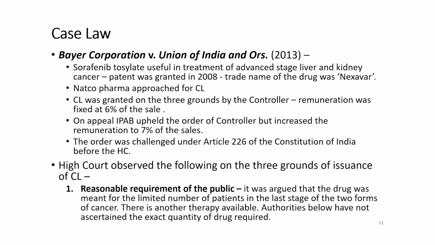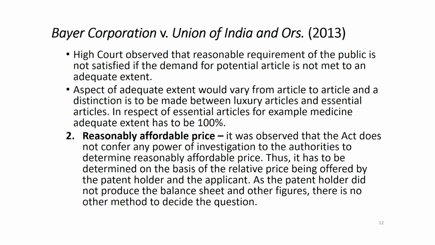Point 2, this is not the only therapy we have. There is an alternative therapy present. So, not all the patients are going to use Nexavar. Thus, keeping in view the demand, Bayer was producing a sufficient amount, and the ground that the reasonable requirement of the public is not met is not established.